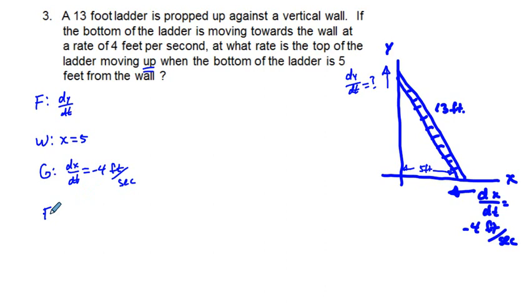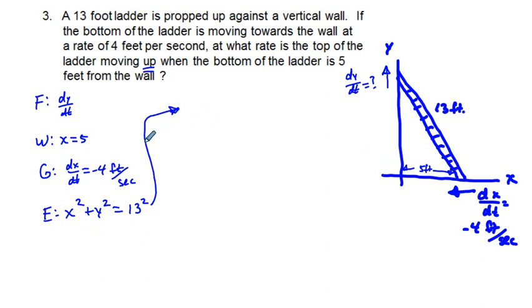And our equation is none other than a version of the Pythagorean theorem. In this case, we're going to use x squared plus y squared is equal to our hypotenuse squared, which is 13 squared. So next we're going to take the derivative of this equation.